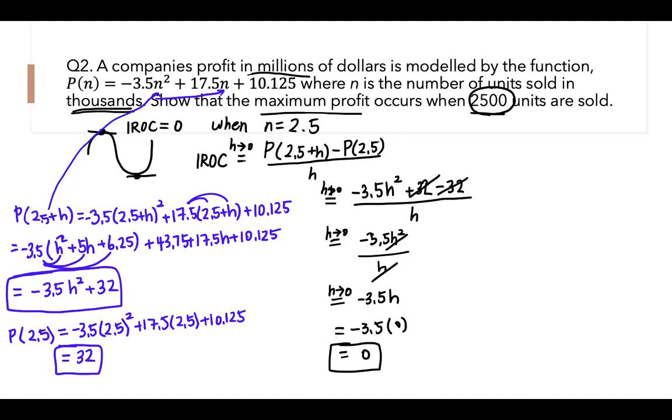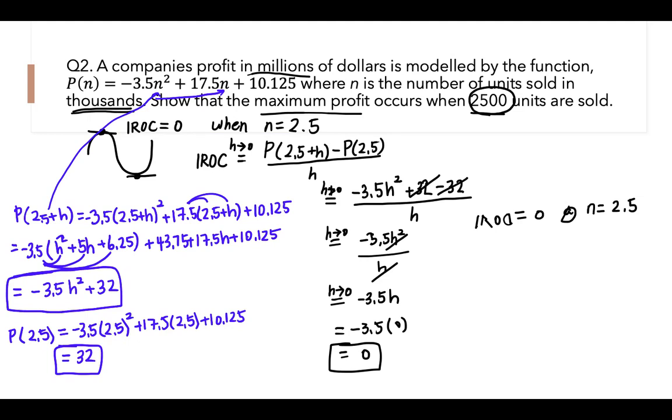So therefore, the instantaneous rate of change is going to be 0 when n is equal to 2,500 units sold. So in this case, I'm going to write 2.5 because it's in 1,000.